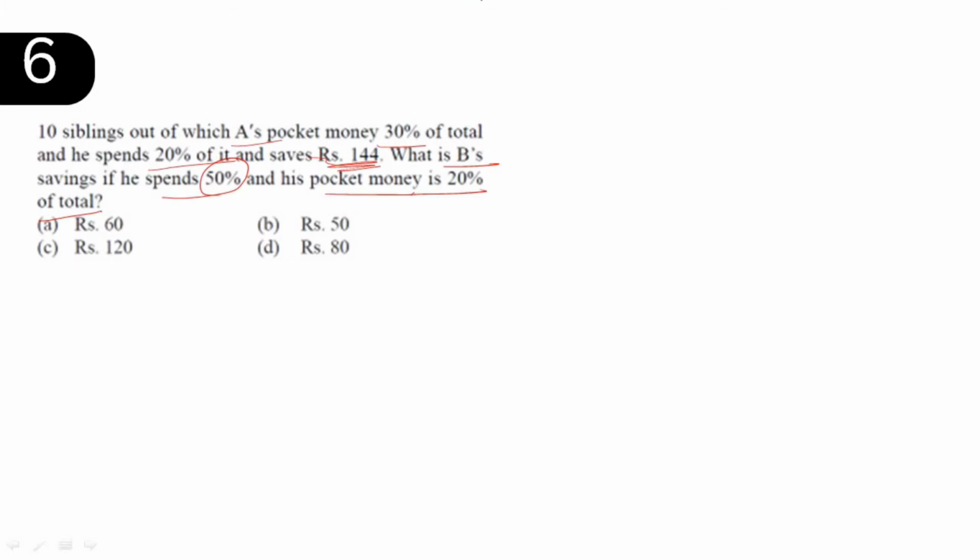So suppose, let's just imagine that total amount is 100 rupees. So it is given that A's pocket money is 30% of this 100, that is 30 rupees.